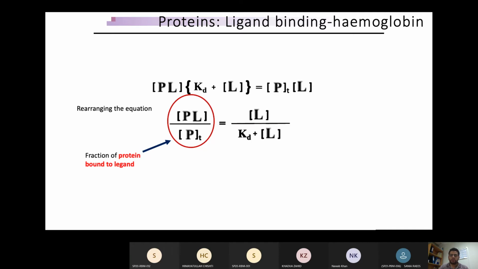So out of total protein concentration, how much protein is bound with the ligand? This is a very important thing जो कि हम expect करना चाह रहे थे, निकालना चाह रहे थे. So we started with a ligand bound protein, and we know how much of the portion of the protein is bound with the ligand and how much remained unbound.